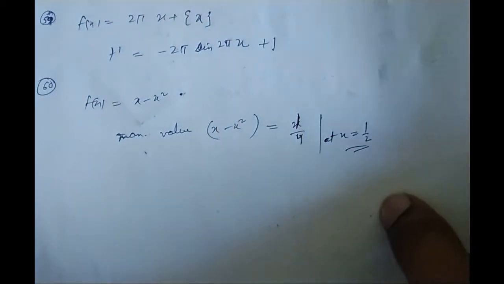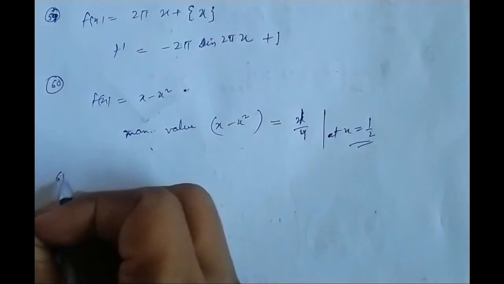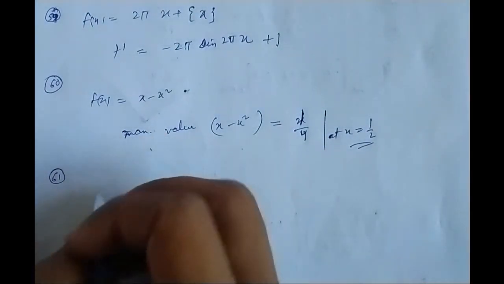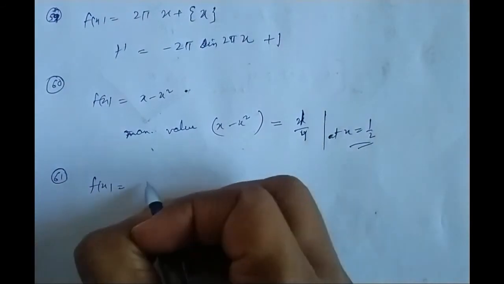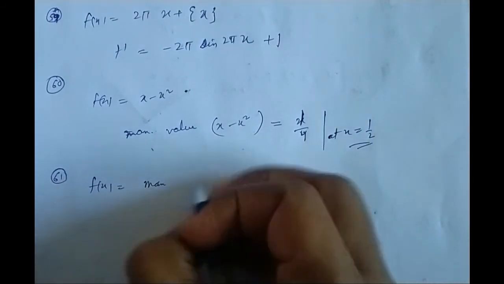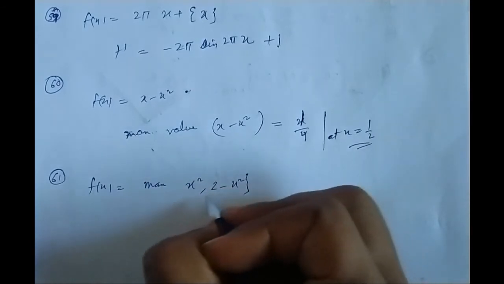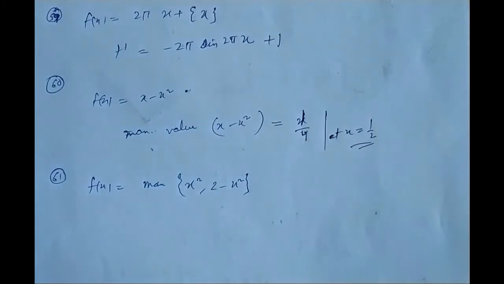Okay, now moving on to the next question, question number 61. Let f(x) is equal to the maximum of x square and 2 minus x square for x between minus 2 to 2.